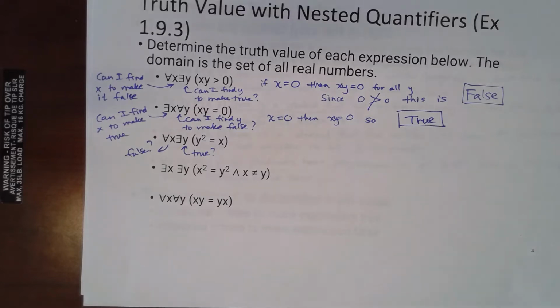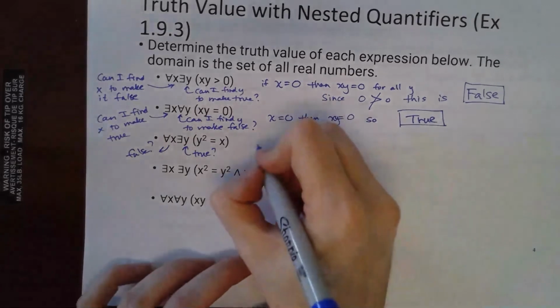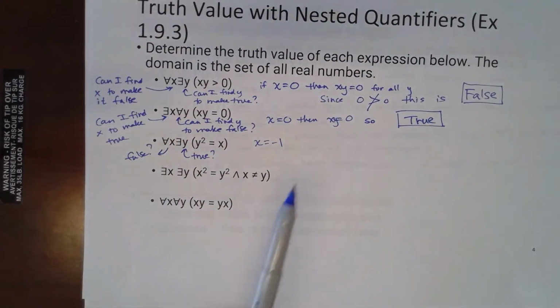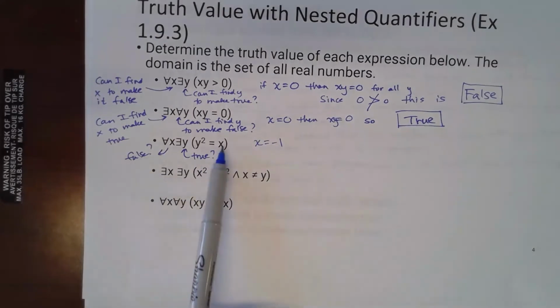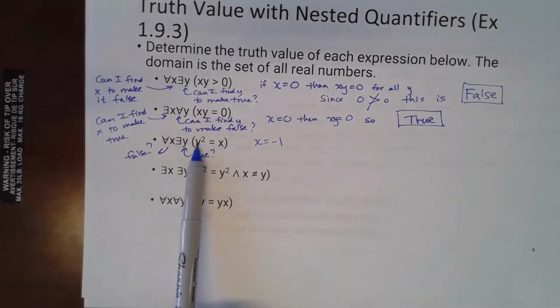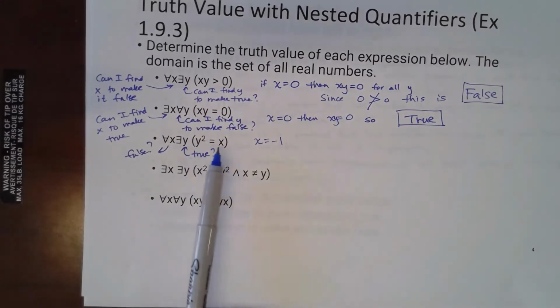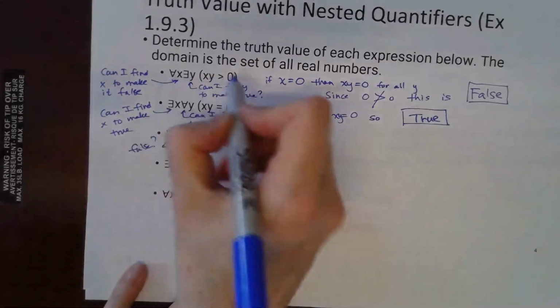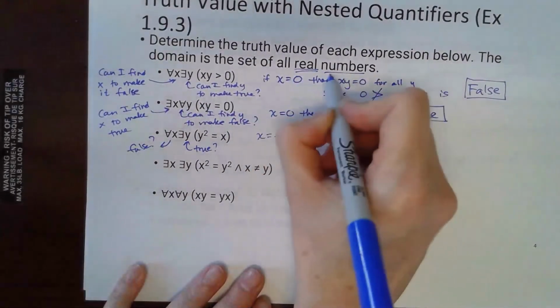What is it, Evan? Any negative number. Any negative number. So let's just do something easy like -1, but yeah, you're right. Notice what happens here. Can I square a real number and get -1? No, I can square a complex number, an imaginary number, but I can't. So notice the domain is the set of real numbers.